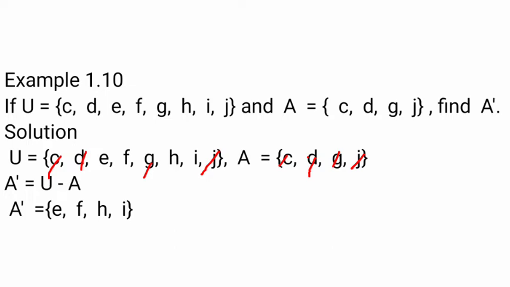Last one is J, J is canceled. Therefore, C, D, G, J are canceled. Next, what are the remaining elements? E, F, H, I. Therefore A dash equals the set {E, F, H, I}.